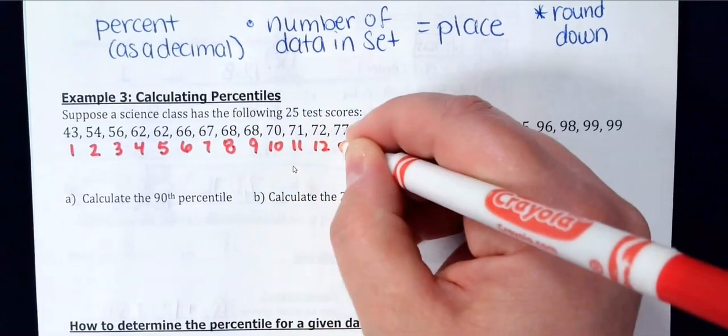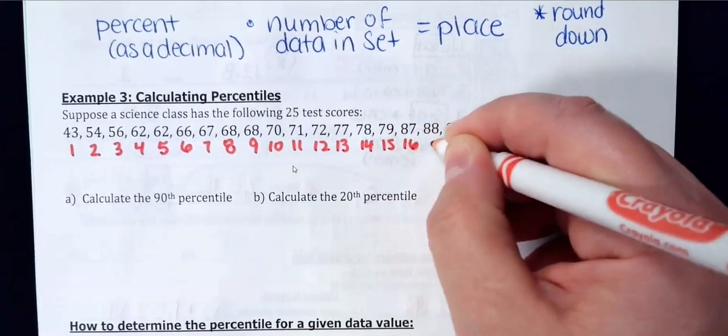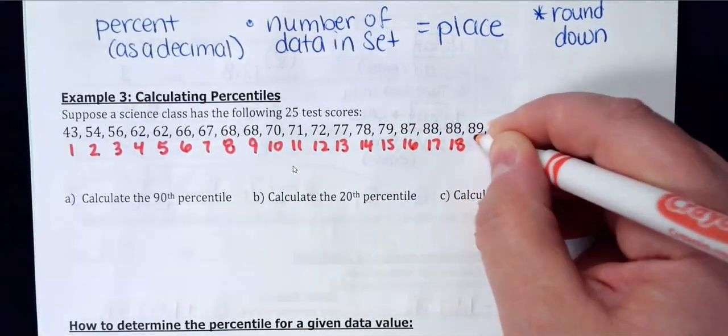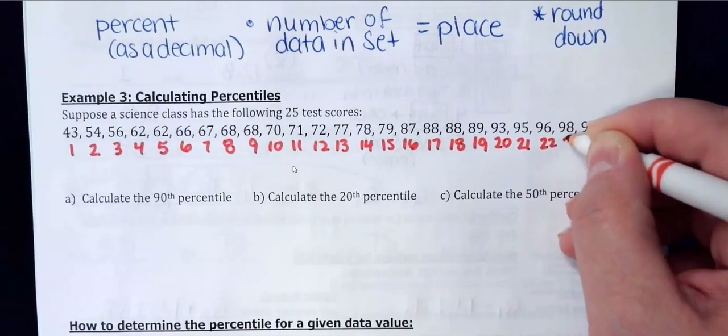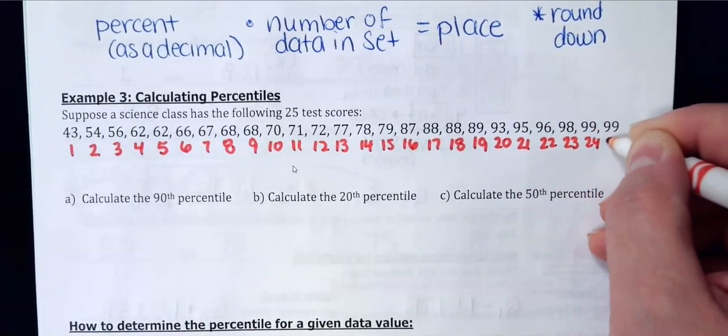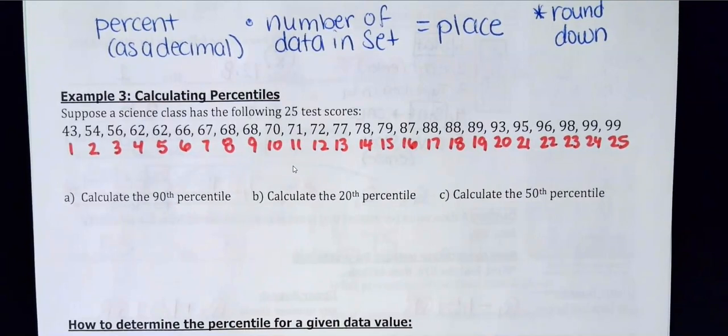There should be 25 of them. I'm just writing the position or the place in the data set, so that's where that's at out of 25.